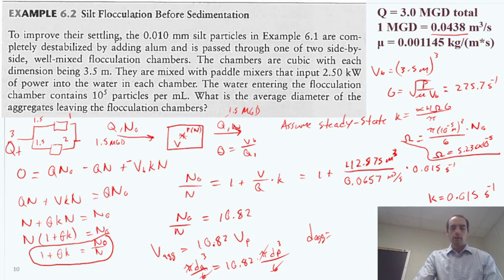When we solve that, I have a number from before giving us 0.0221 millimeters. That would be 2.21 times 10 to the minus 5th meters. Sorry.